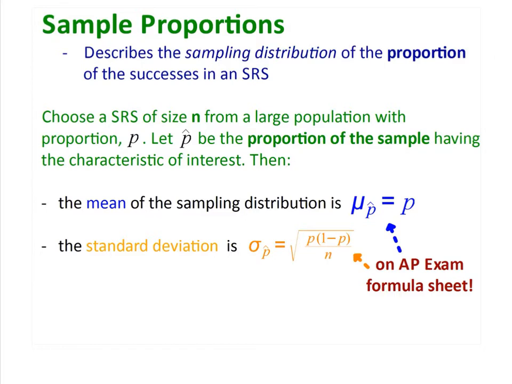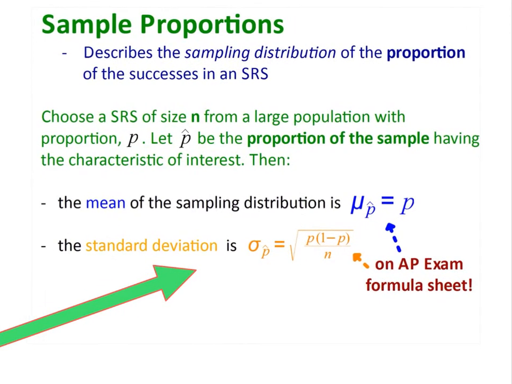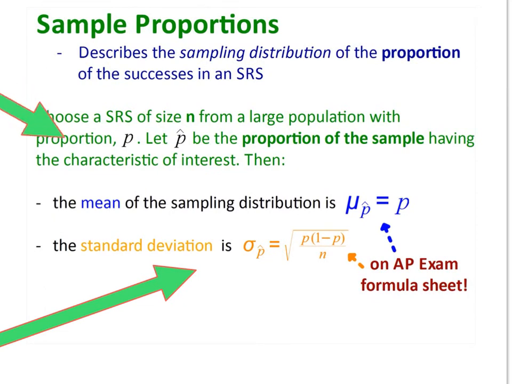So sample proportions describe the sampling distribution for the proportion of successes in a simple random sample. If you're writing stuff down, which everyone should be, you need to get this down. The mean and the standard deviation, you need these formulas.